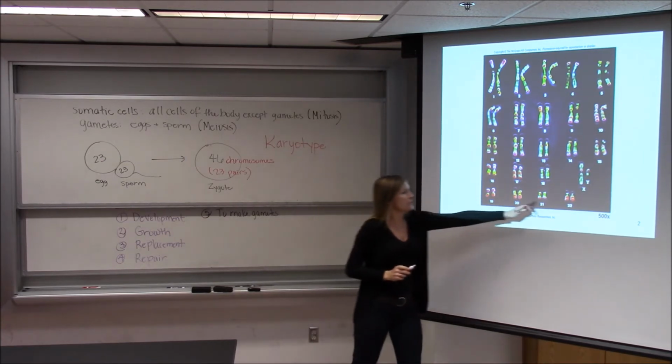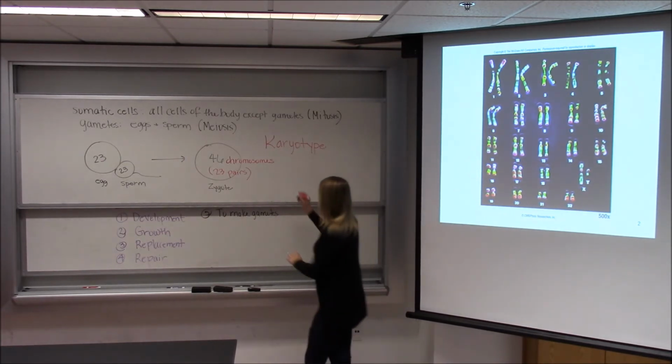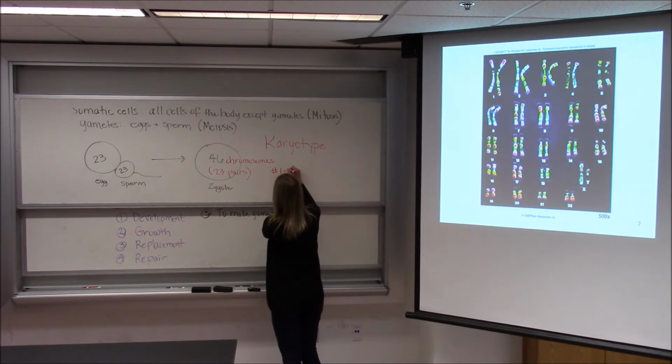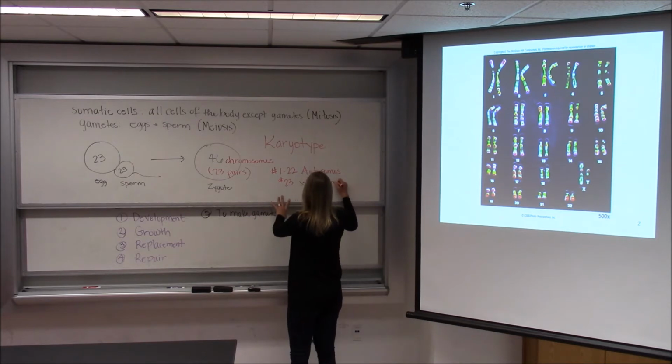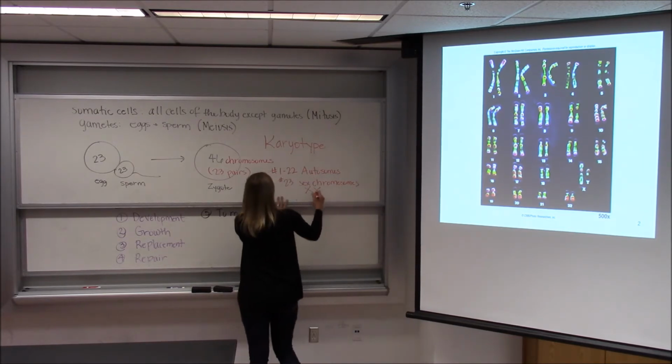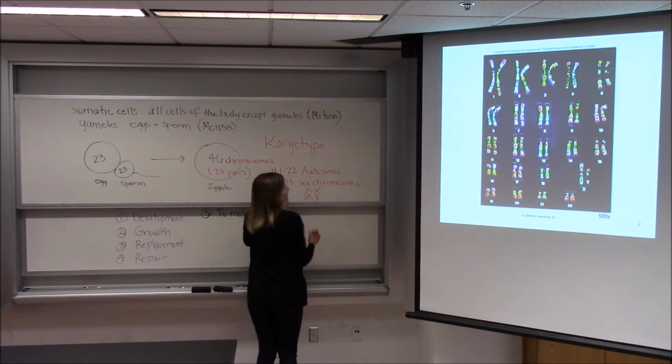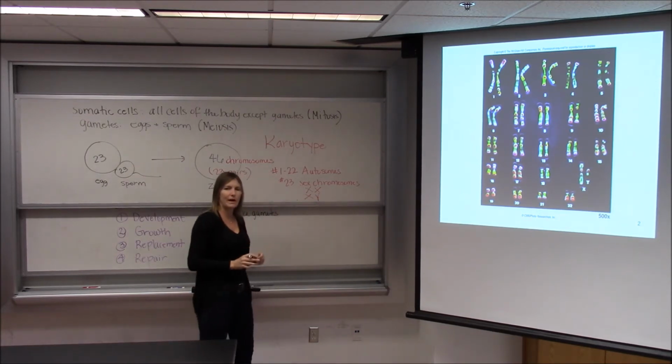The first 22, numbers 1 through 22, are called the autosomes. And then number 23, those are called the sex chromosomes. You're either XX, XY, or some variation of that.